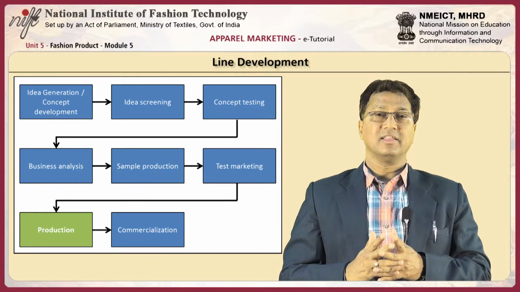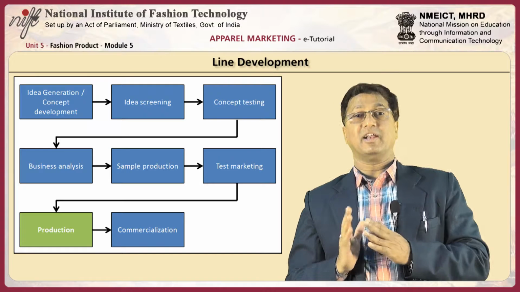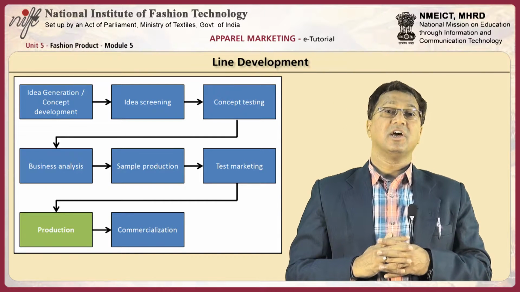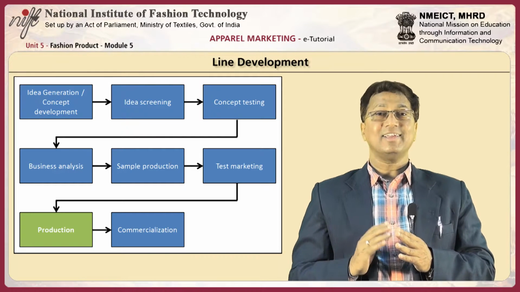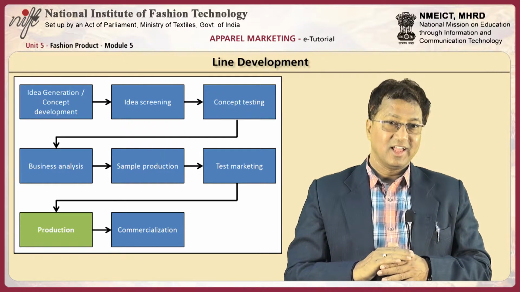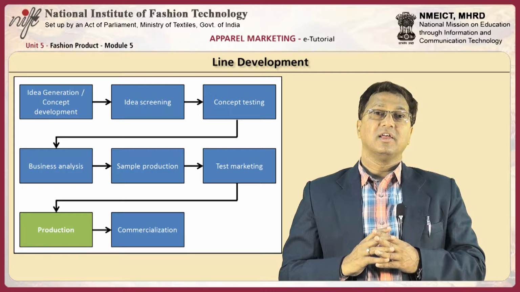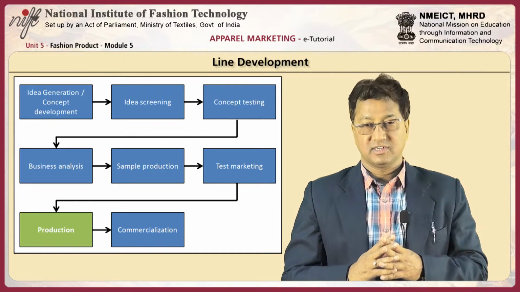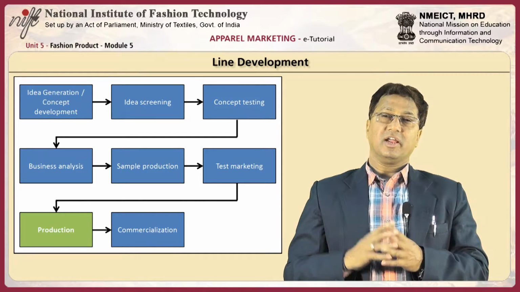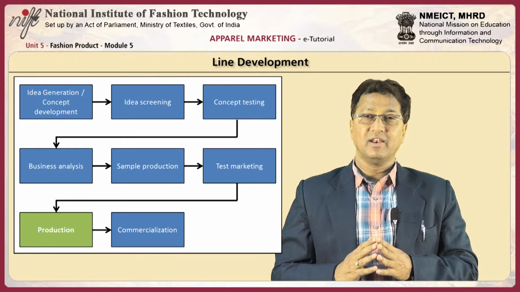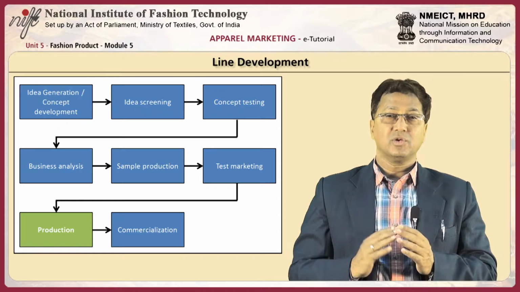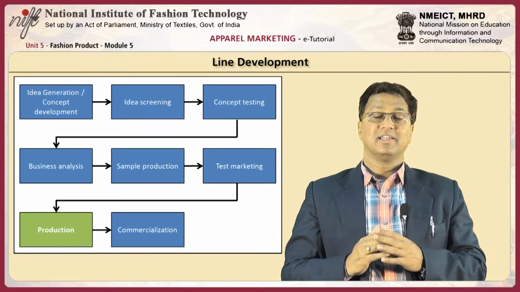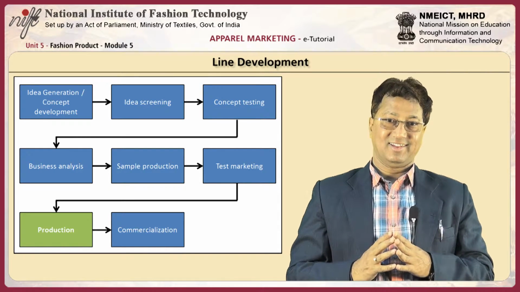Now, having done this, the production pattern also is finalized. Then the pattern is graded because the sizes differ right from men to women to kids. So, as per the size, the patterns are graded.